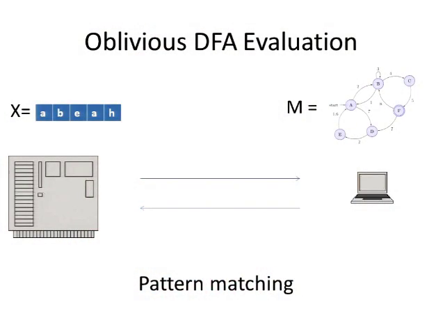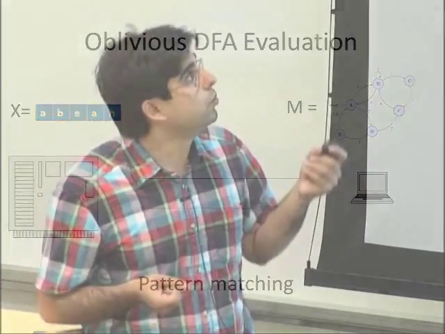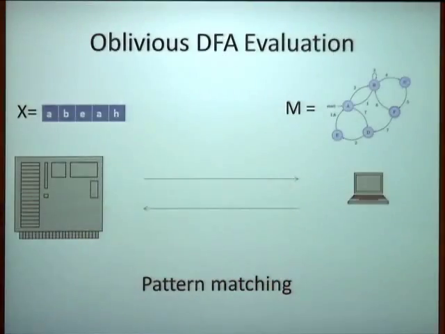But you can also have the opposite, and this is the case in pattern matching applications, where you have a really long text and a small pattern. You turn the pattern that you're searching for in this long text into a DFA. The pattern is small, therefore the DFA is also relatively small, but you have a really long text that you want to search this pattern in. So your server is holding the input string to the DFA while your client is holding the DFA.